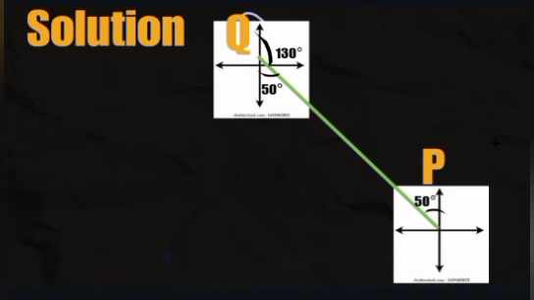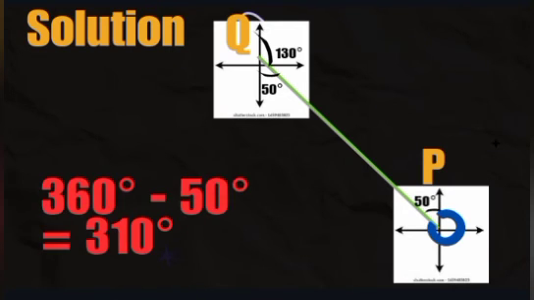Now, if this point on point P is 50 degrees and we are looking for these other aspects, knowing fully well that the angles in a circle is 360 degrees and this other point is 50 degrees, our angle of interest will be 360 degrees minus 50, which gives us 310 degrees. So this is to say that the bearing of Q from P is 310 degrees.